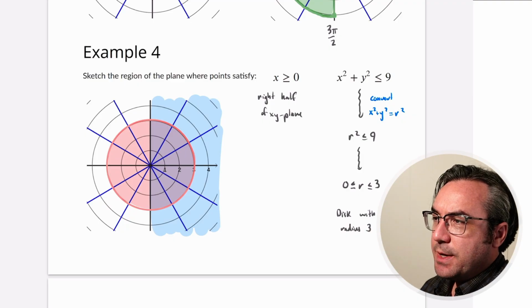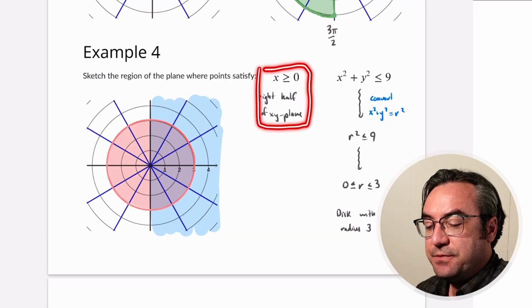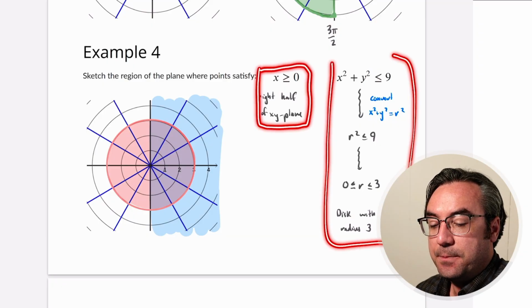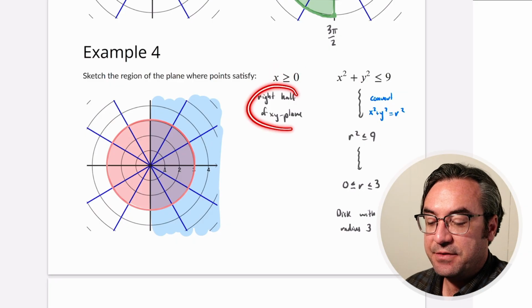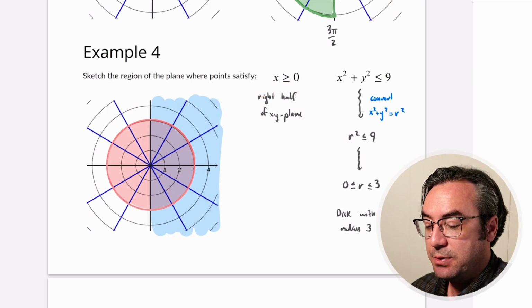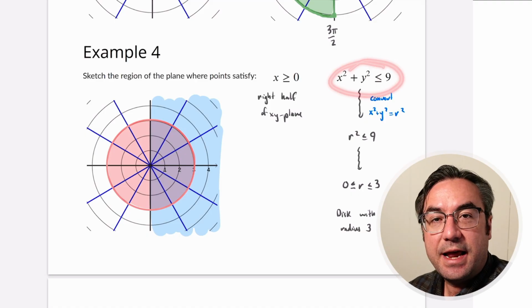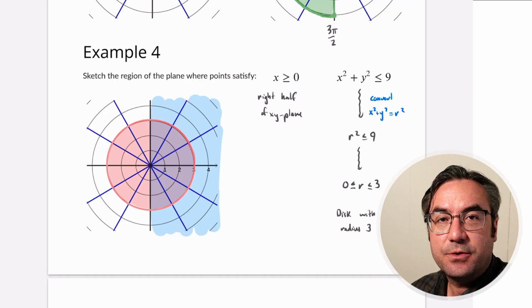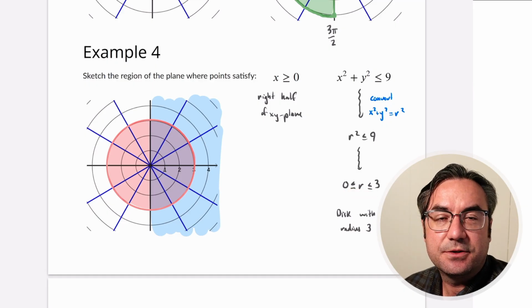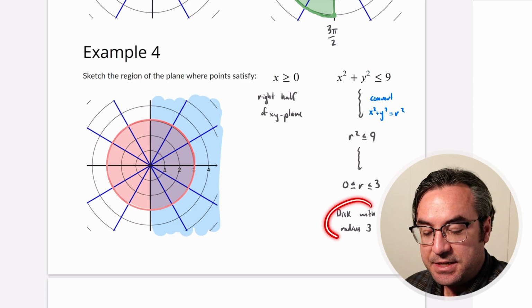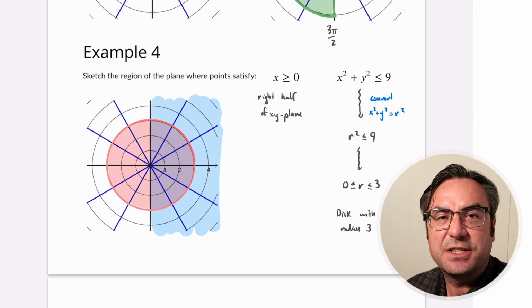So far we've looked at each of these inequalities on their own. The x greater than or equal to 0 inequality gives us the right half section of the xy plane. The inequality that x squared plus y squared has to be less than or equal to 9, by converting it into polar coordinates, made it easier to visualize and gave us a disk with radius 3, which is the circle that's filled in.